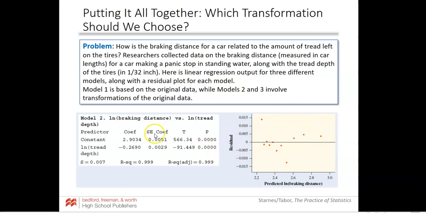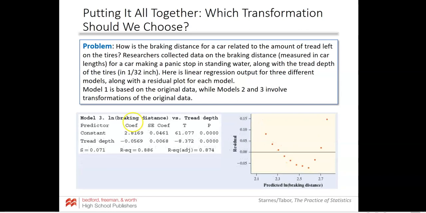So this seems to be good, which means it's a power model, because a linear fit is a good idea here. If we just take the natural log of the y value, braking distance, then our residual plot has a curve pattern, which shows that this is not an exponential model.